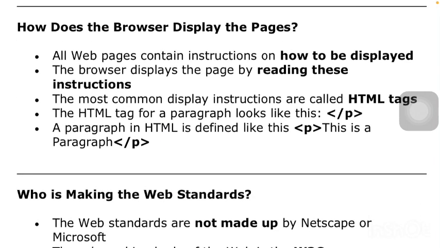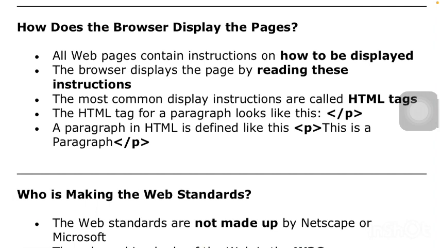Okay, how does the browser display the page? All web pages contain instructions on how to be displayed, how to display the text. The browser displays the web pages by reading these instructions. You don't just put text and expect it to be like that. There will be an instruction to display a particular text.